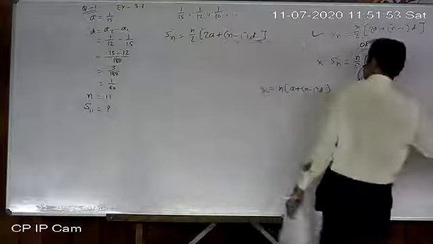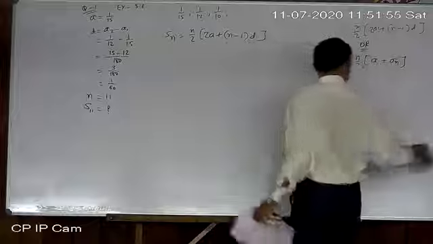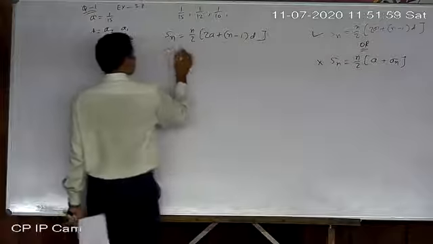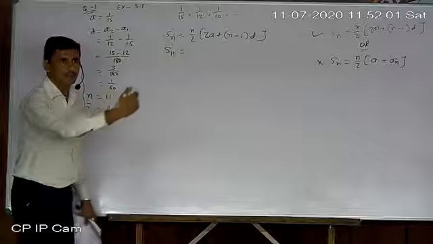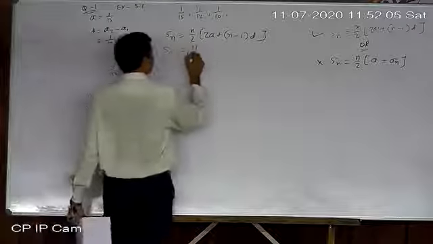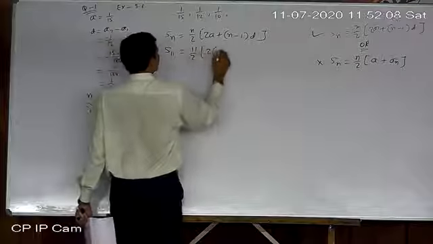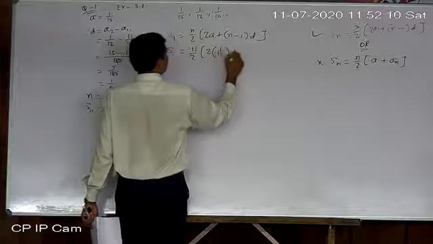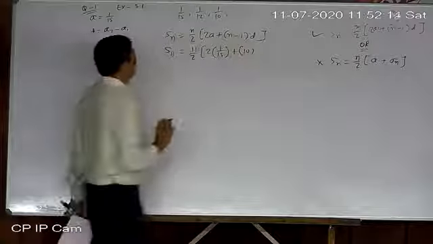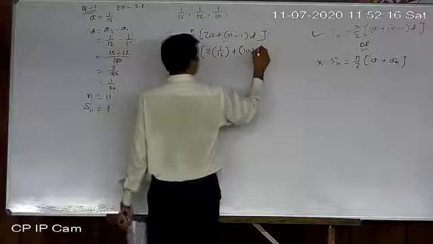Now, place all values. n equal to 11 means I want to find S11, the sum of the first 11 terms. So n equal to 11, so 11 by 2, 2 into 1 upon 15. I can write here directly 10, 11 minus 1 is 10. And d, we found 1 upon 60.